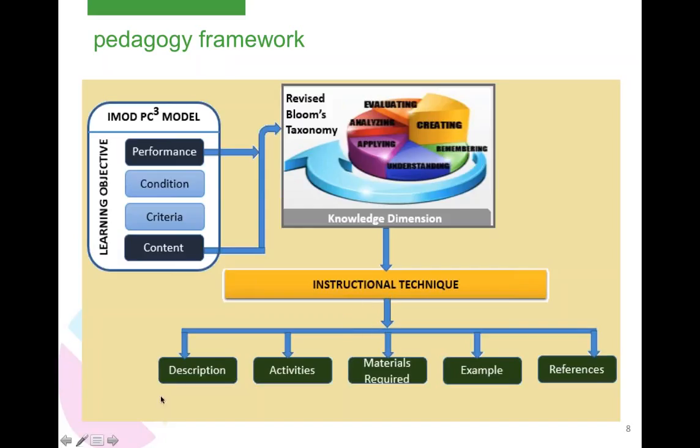So broadly, each technique in the repository has a description. It has a list of activities in the technique. If there are some materials required in order to administer the technique in class, then it will list those. It will provide examples and references, basically the origin of where we found that technique from.